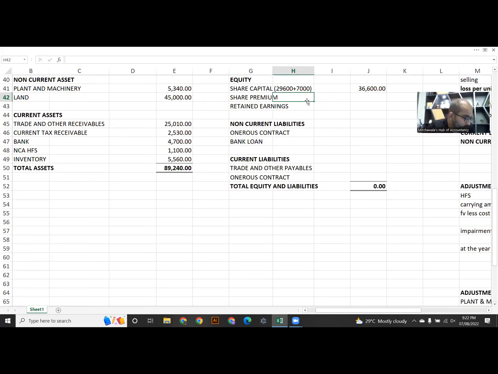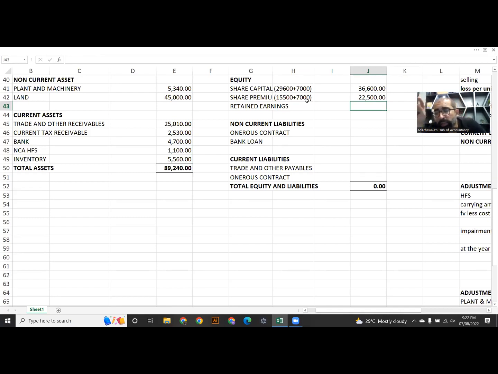In the question, you already have OCE of 15,500, and 7,000 was the extra share premium. So this will be 15,500 plus 7,000, that is 22,500.